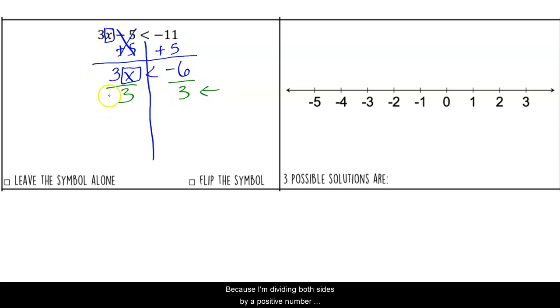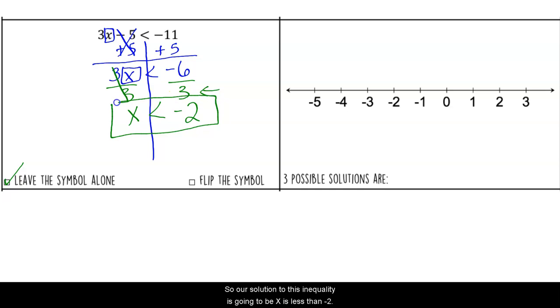Because I'm dividing both sides by a positive number, this is going to leave the symbol alone. We're not going to flip our inequality sign. So we're just going to continue. 3 divided by 3 is 1, so we're going to bring down our x. And then 16 divided by 3 is 16/3. And again, we didn't flip because this was a positive number.